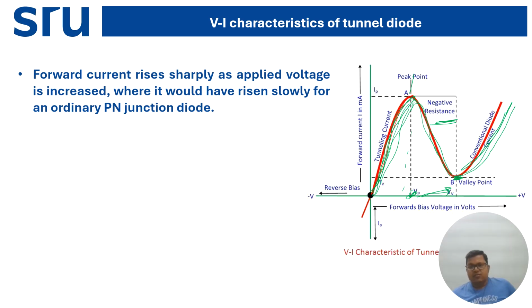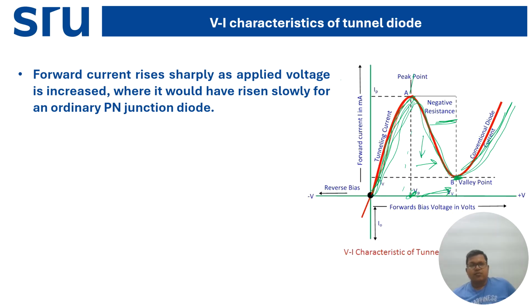Why? We generally see that resistance is always positive. Then how is it possible that resistance could be negative? Negative here means that the current and voltage change in opposite directions, not similar ones. Because here you see that voltage is increasing, but the current is decreasing.